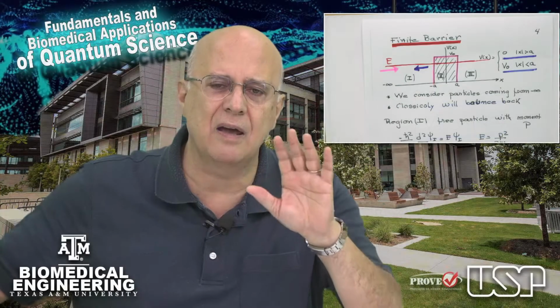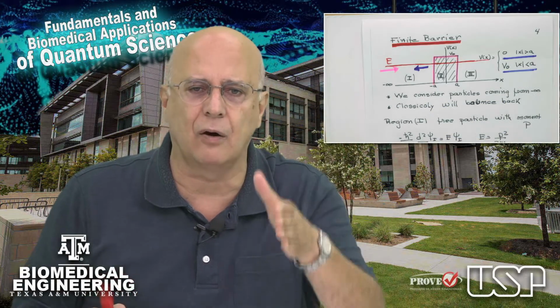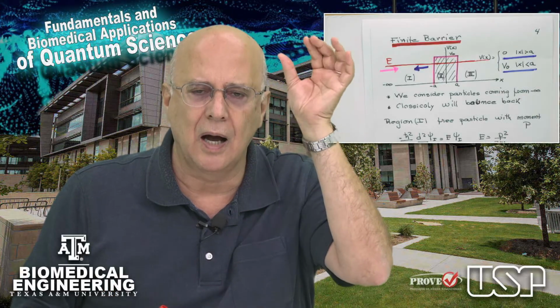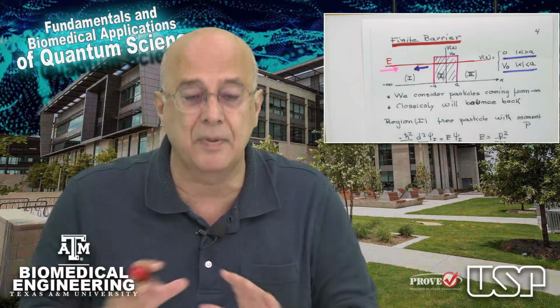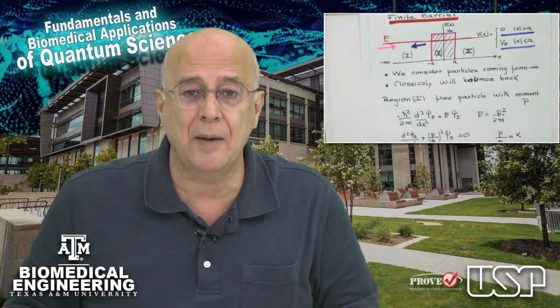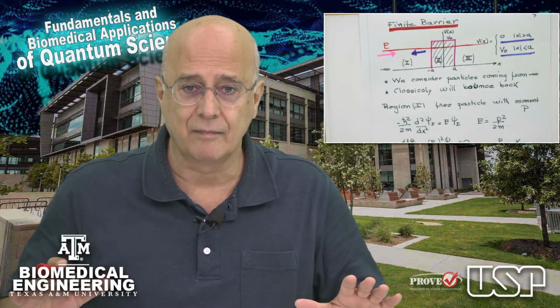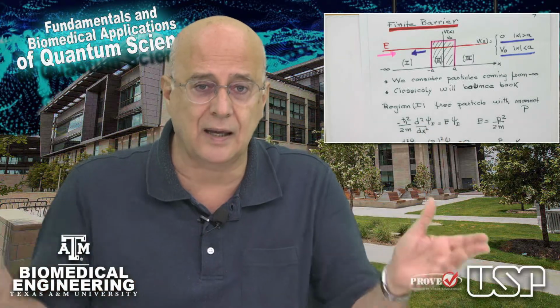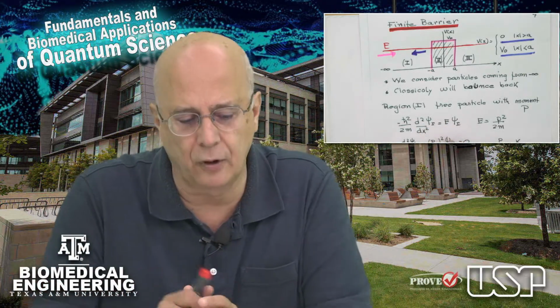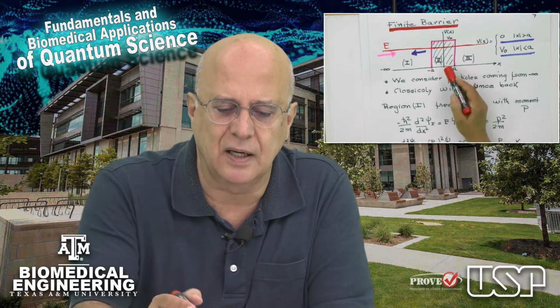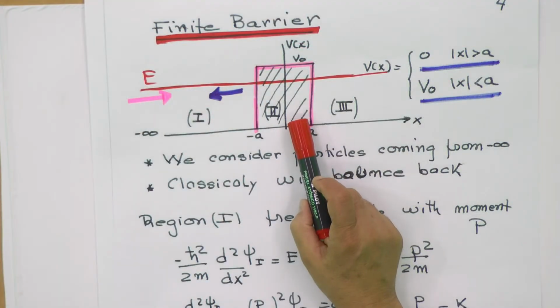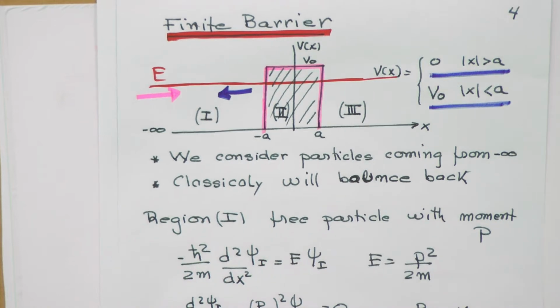This barrier can be anything: a layer of water, a membrane, molecules that repel the electrons. It can be empty space, nothing. It's something that the electron is not allowed in. This is the classically forbidden region for the electron.